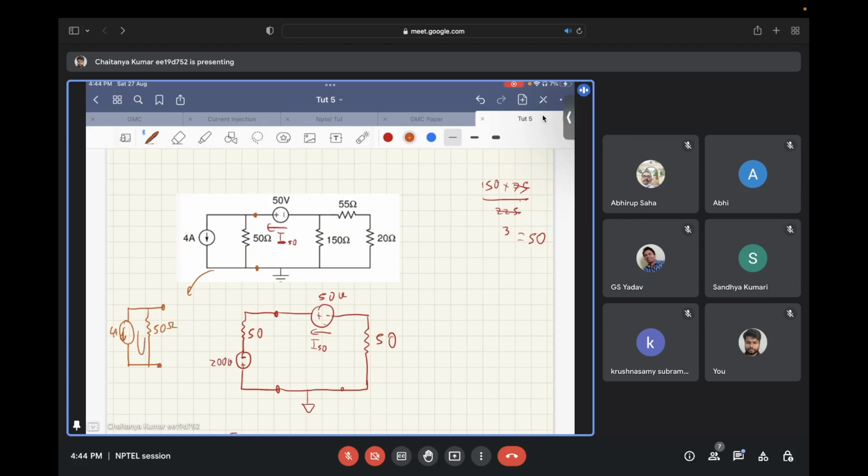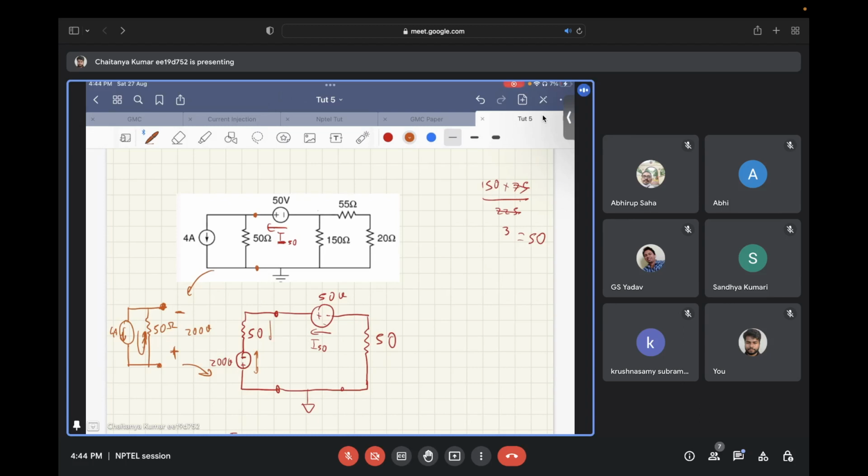Since this flows through the 50 ohm in the upward direction, the voltage that is developed is 200 volts, with the topmost terminal negative and the lowermost terminal positive. So from here, it can be converted into a 200 volt voltage source with the polarity shown in the figure, and in series with that, a 50 ohm resistor.